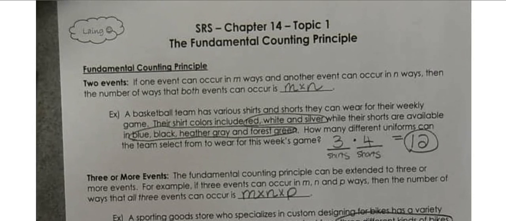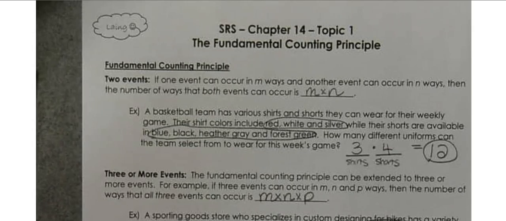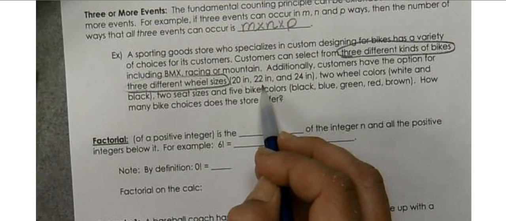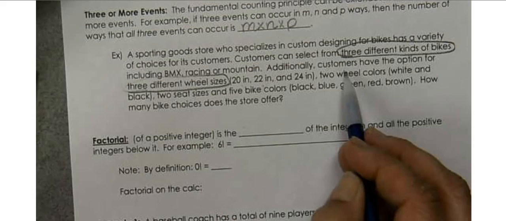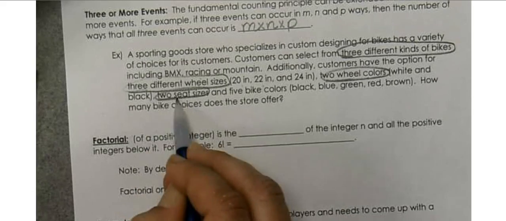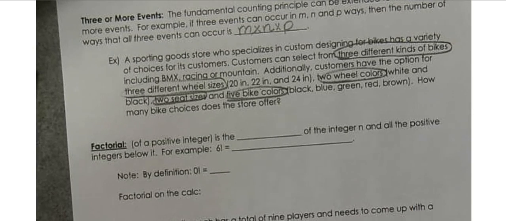They have the option for 3 different wheel sizes: 20, 22, and 24, sorry, you can't even see what I'm pointing at. 2 wheel colors, white and black, 2 seat sizes, and 5 bike colors. How many bike choices does the store offer?